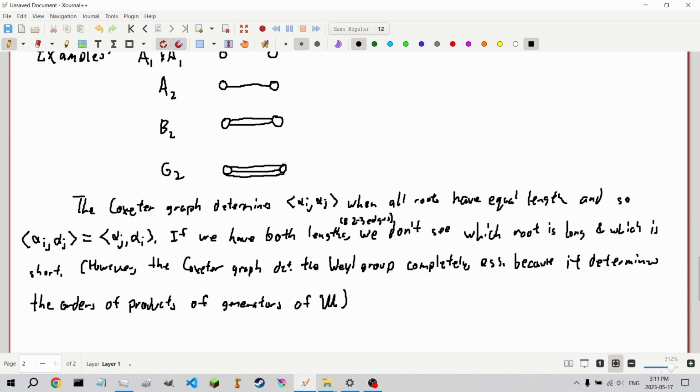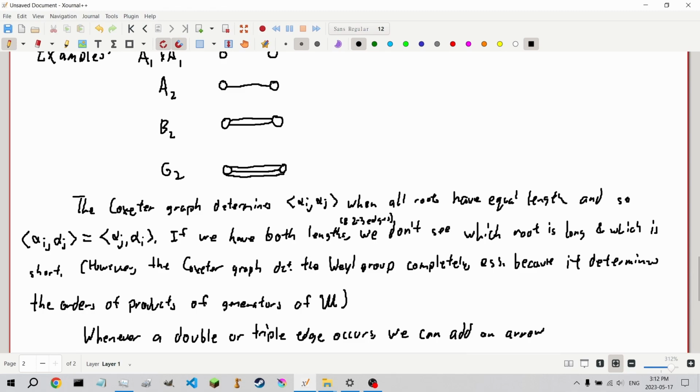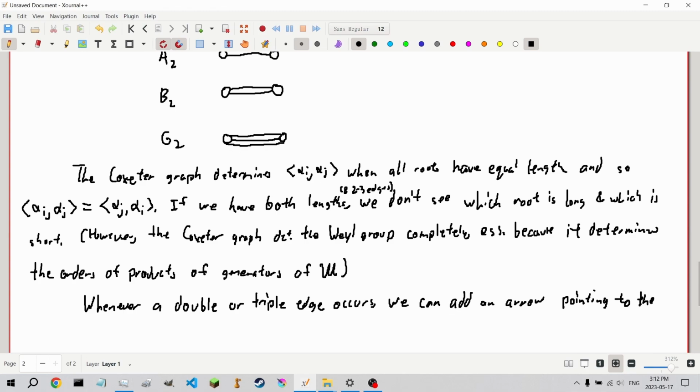So whenever a double or triple edge occurs in the Coxeter graph of phi, we can add an arrow pointing to the shorter root.